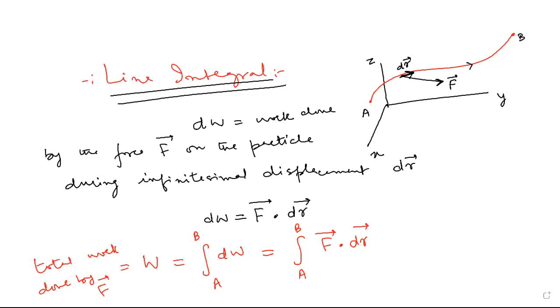So W is the integral F dot dr from point A to point B. Such an integral is called a line integral.